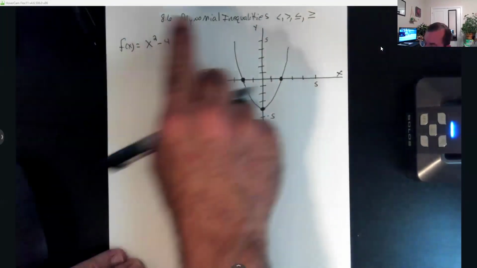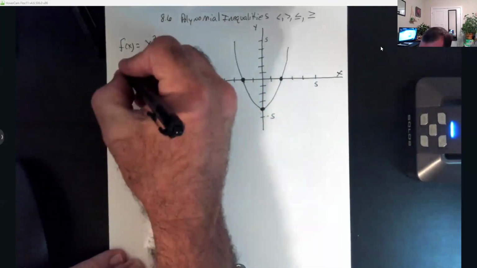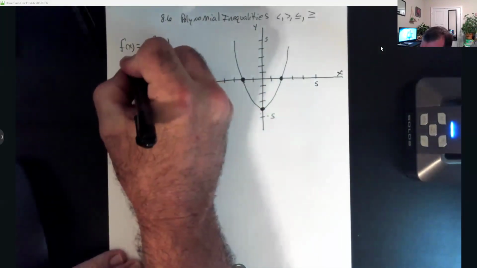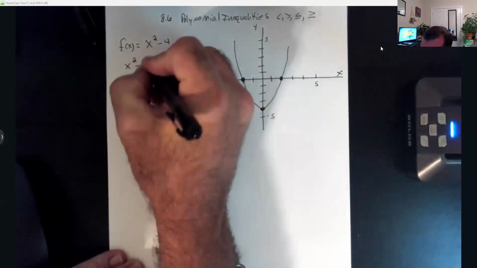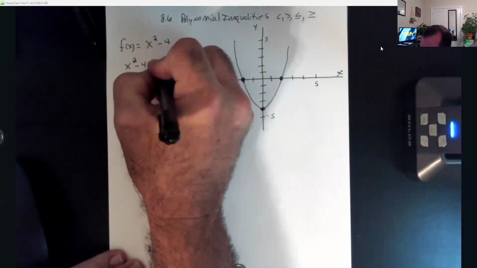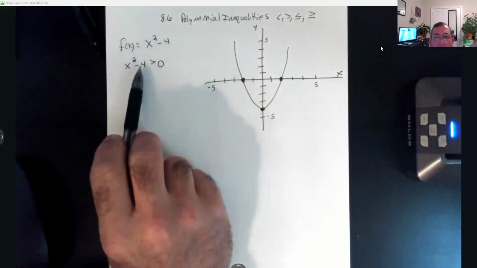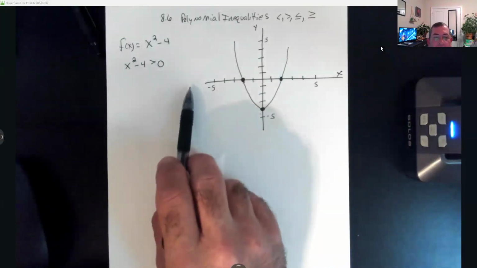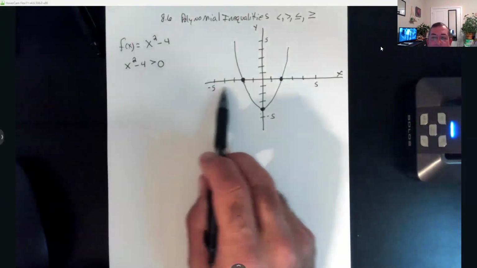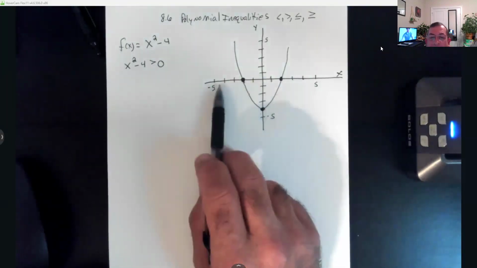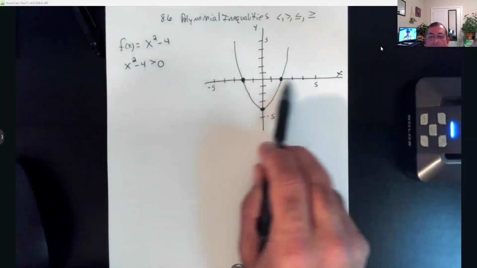So an example of a polynomial inequality would be something like this: x squared minus 4 greater than 0. But y'all notice over here, 0 is the x-axis because that's where the y value is 0 at.